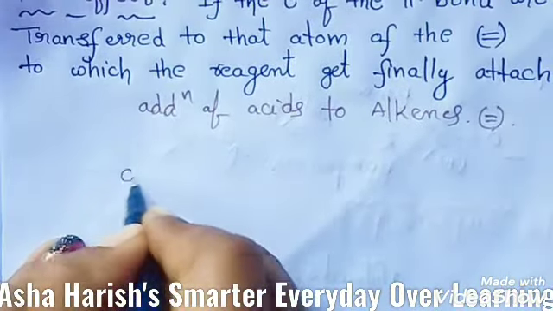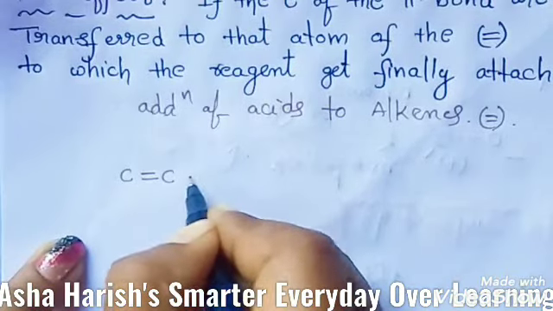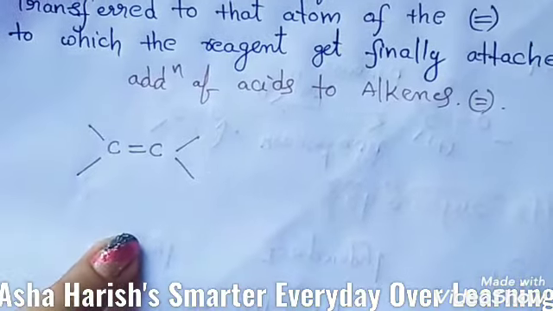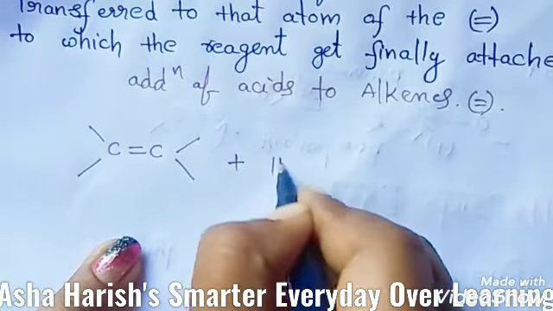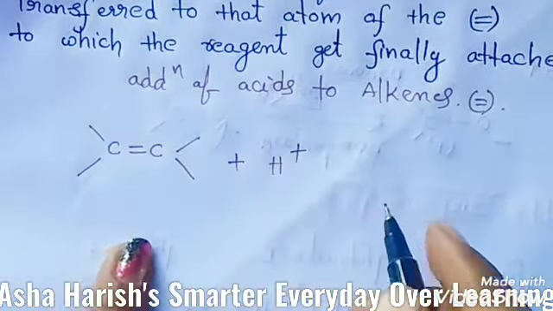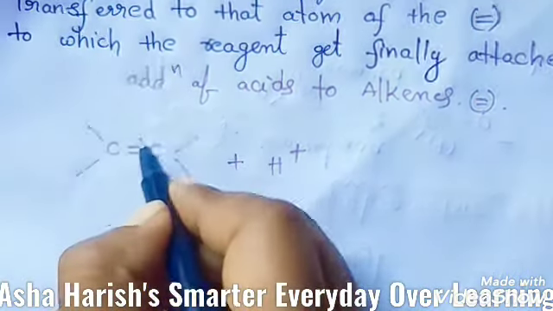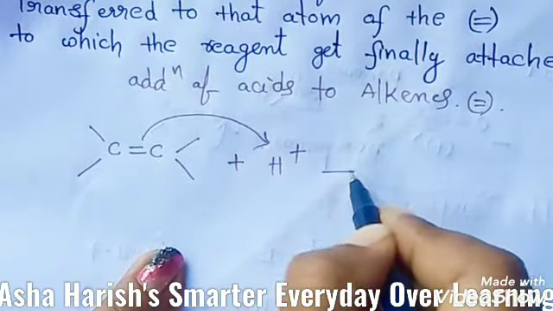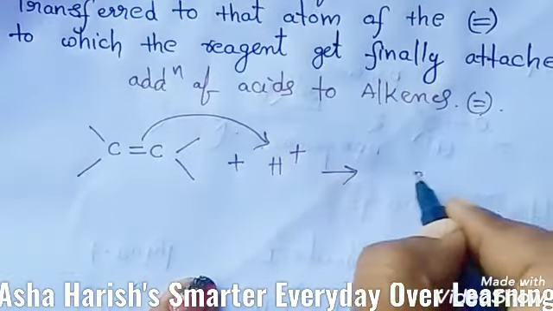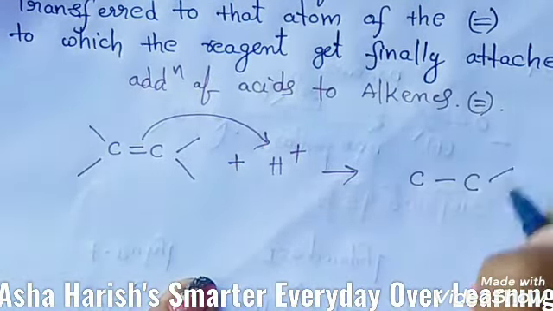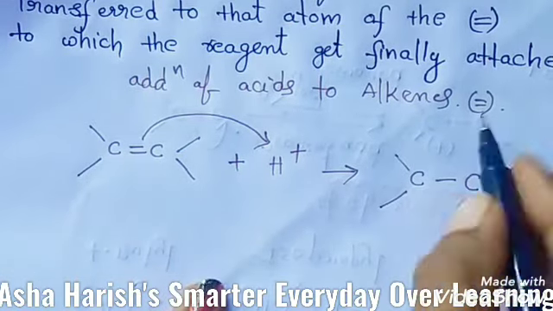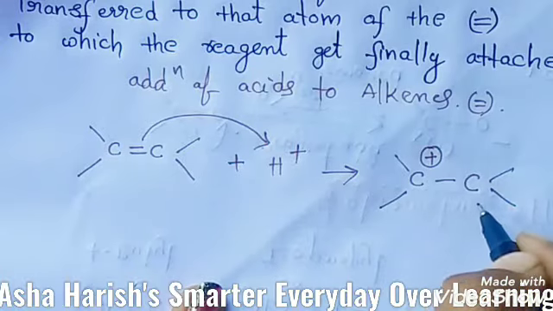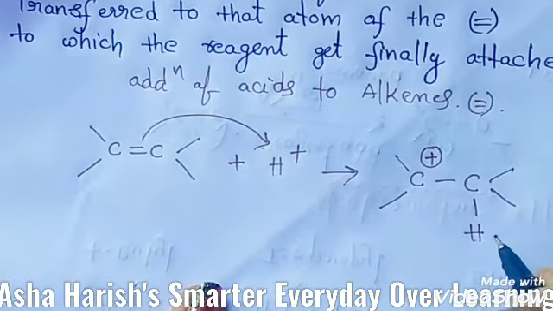Then students, here C double bond C, this is the compound of alkene, and to this if you add an acid, that means nothing but H plus ions, then here transfer of electrons takes place from this double bond to this hydrogen, H plus ions. Then here C single bond C like this, here one ion should be formed and attacking with this hydrogen.